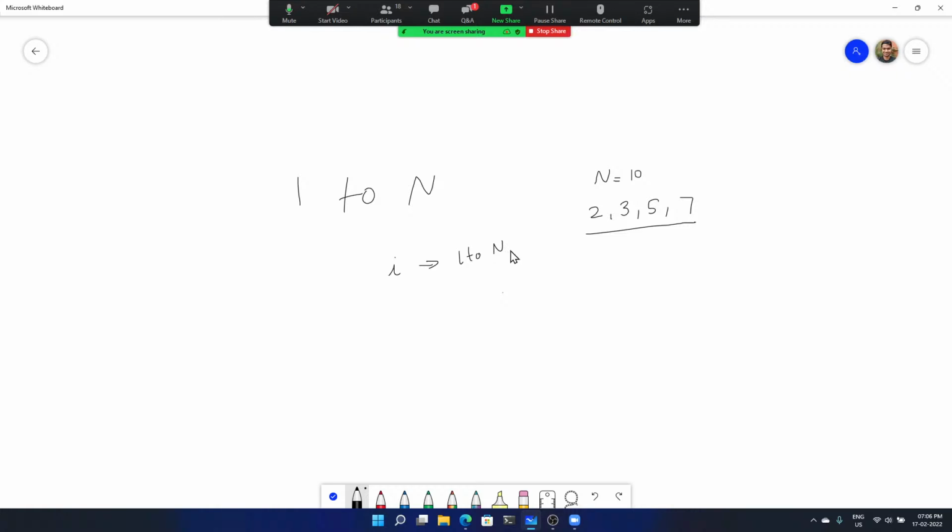Okay, Ashima says Sieve of Eratosthenes. Yes, we can do the Sieve of Eratosthenes. It's a technique that helps us find all the prime numbers less than n.